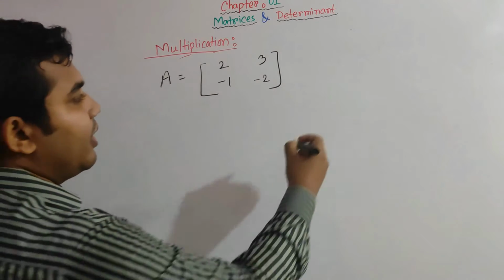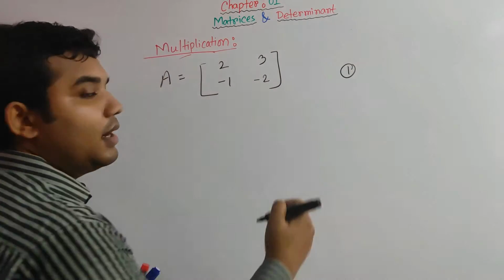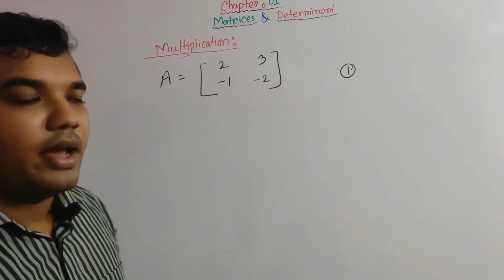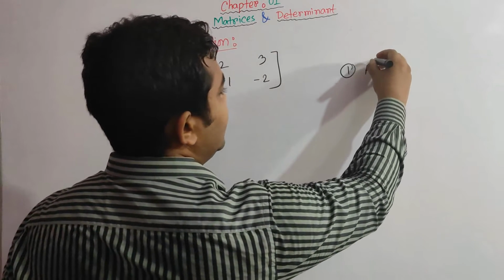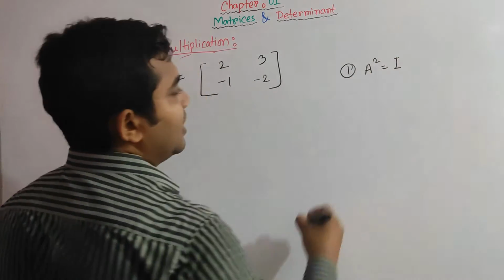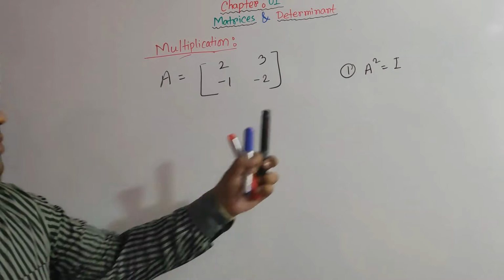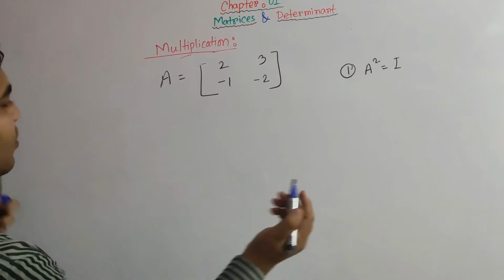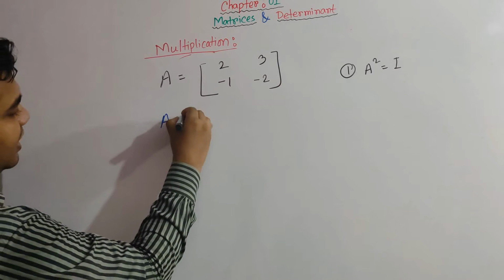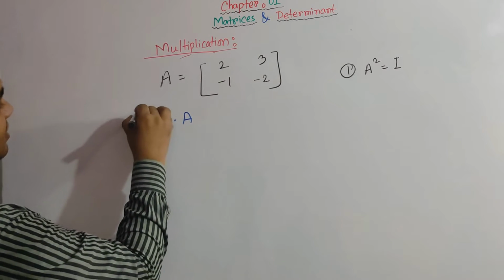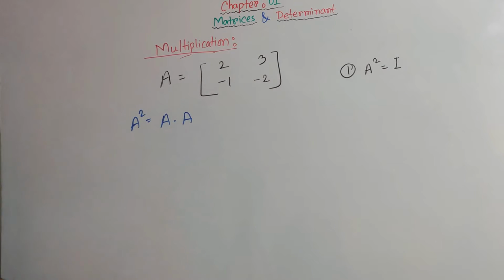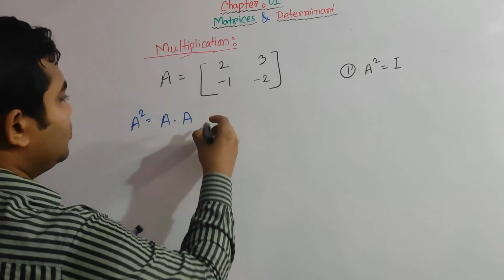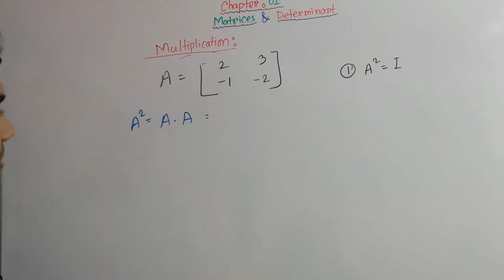What does our involutory matrix say? Can you remember this? Our involutory matrix says that A square must be I, isn't it? A square must be I. If A square is I, then what do we have to do? A square means A into A. So we have to multiply these two matrices, isn't it?